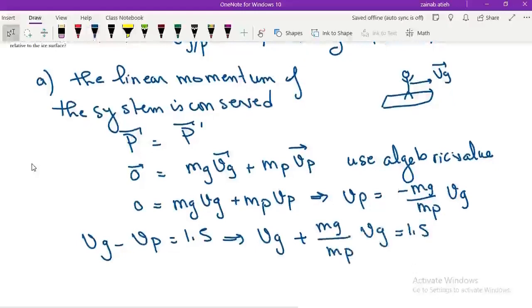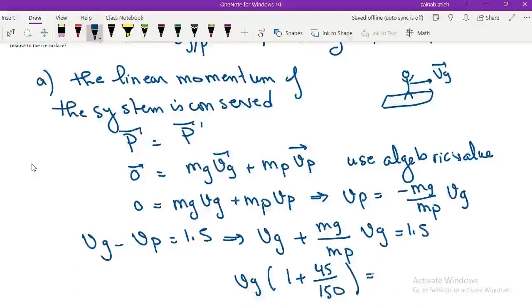We have everything. I will get VG into 1 plus mass of the girl was given, it was 45, mass of the plank was 150, it's equal to 1.5. So I will get the speed of the girl to be 1.15 meter per second.